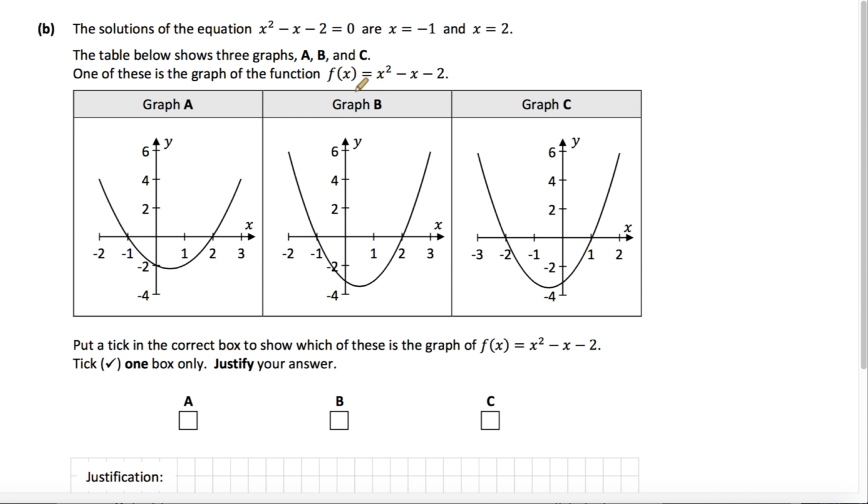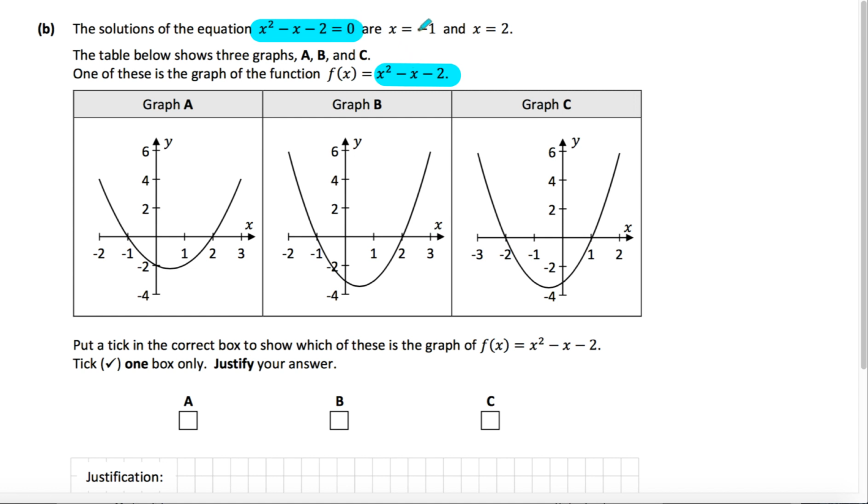Okay, well this function here is represented by one of the 3 graphs. They've already given us the solutions. If you notice here, the algebra in the quadratic equation is the same as the algebra in the function itself.